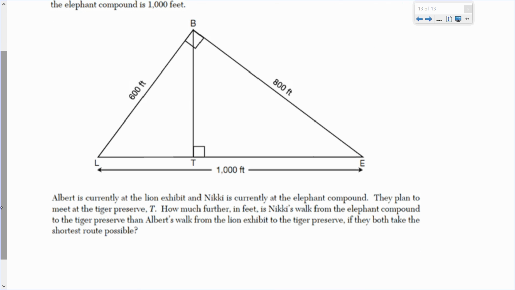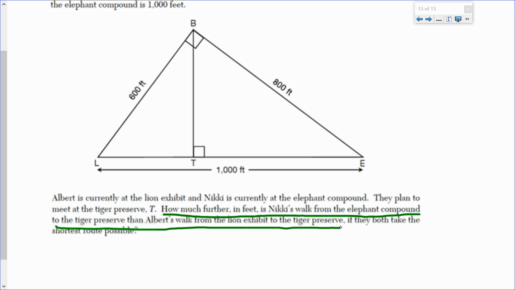The question is, how much further in feet is Nikki's walk from the elephant compound to the tiger preserve than Albert's walk from the lion exhibit to the tiger preserve?